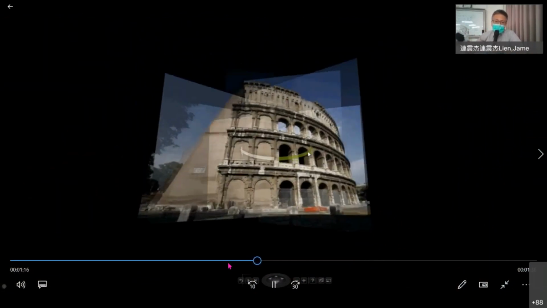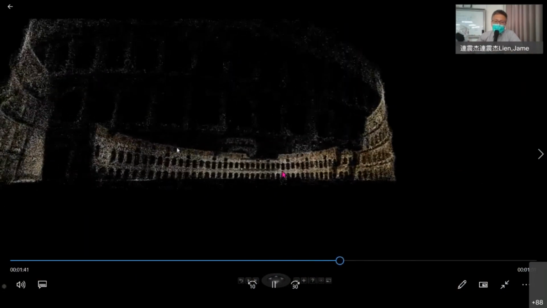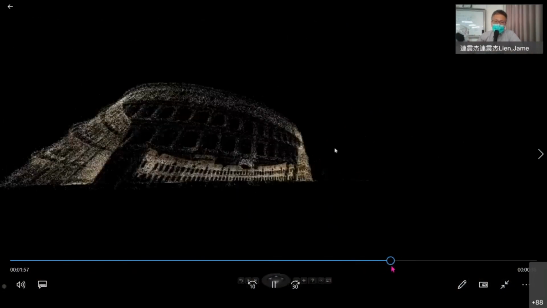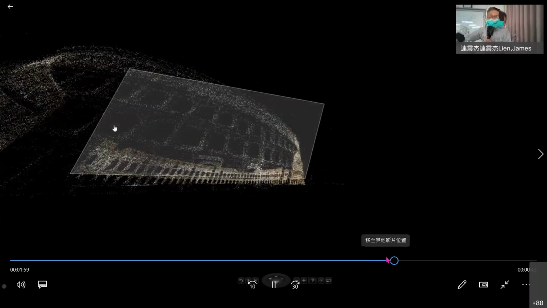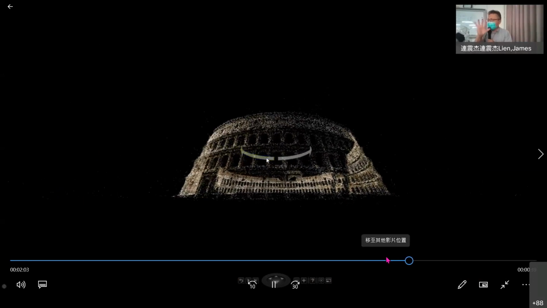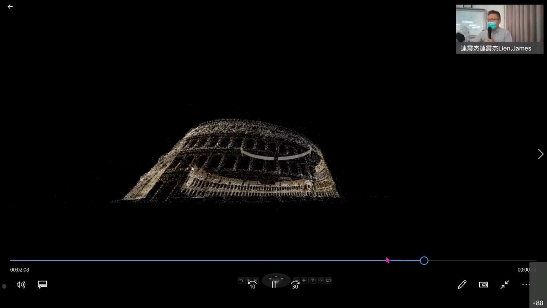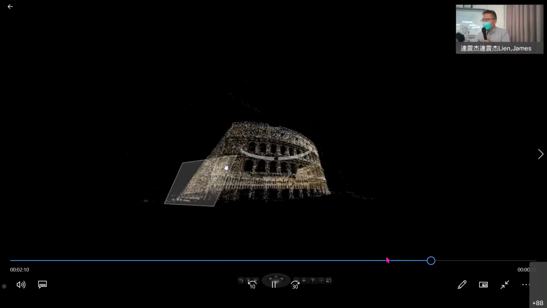They take the photo, and because you know the camera position, from one single photo we can estimate the 3D position of the camera.